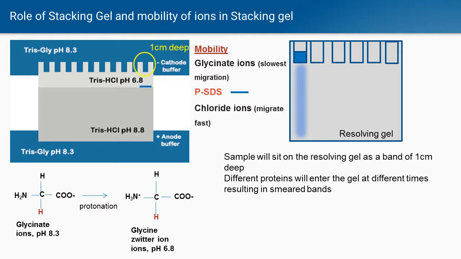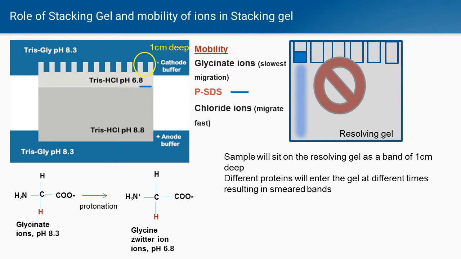We want to compare our protein of interest. We want to see how many polypeptides our protein has. We want to see that. So we don't want a smear. So we have to use a stacking gel above the resolving gel in order to get a tight band, so that all the polypeptides can enter the resolving gel at the same time and get resolved according to their molecular weight.